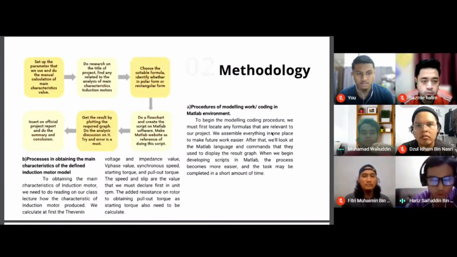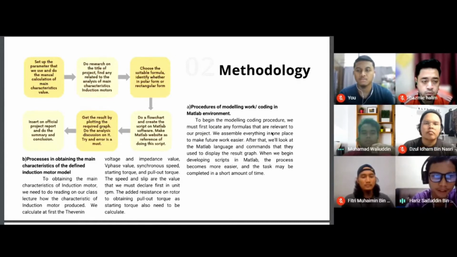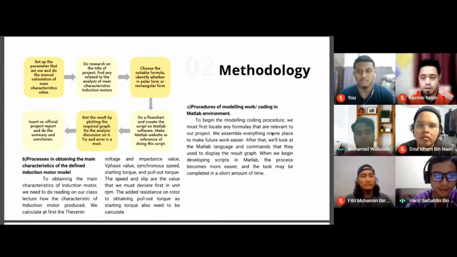For the methodology, this is the procedure of modeling work and coding in the MATLAB environment. First, set up the parameters that we use and do the manual calculation of the main characteristic values. Second, do research on the project title and find anything related to the analysis of main characteristics of induction motors. Third, choose the suitable formula, identifying whether in polar form or rectangular form.